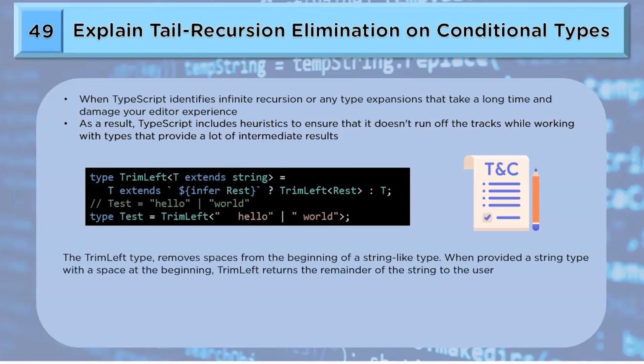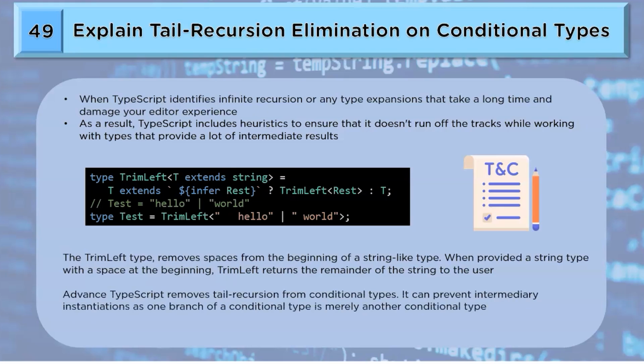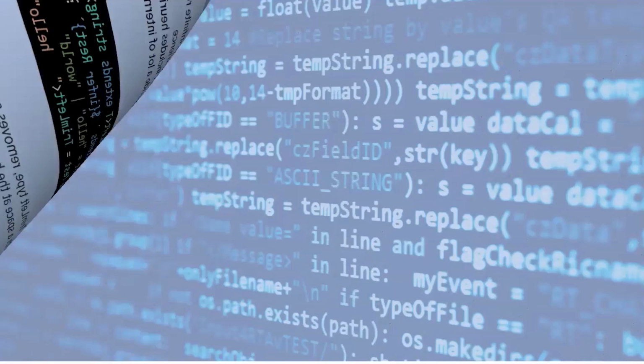The TrimLeft type removes spaces from the beginning of a string-like type when provided a string type with a space at the beginning. TrimLeft returns the remainder of the string to the user. Advanced TypeScript removes tail-recursion from conditional types. It can prevent intermediary instantiations as one branch of the conditional type is merely another conditional type.